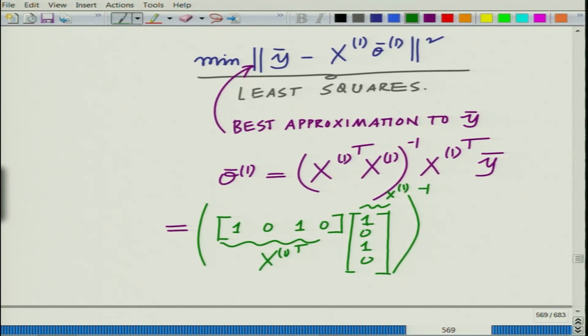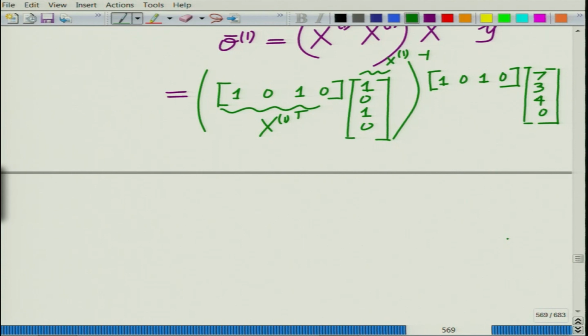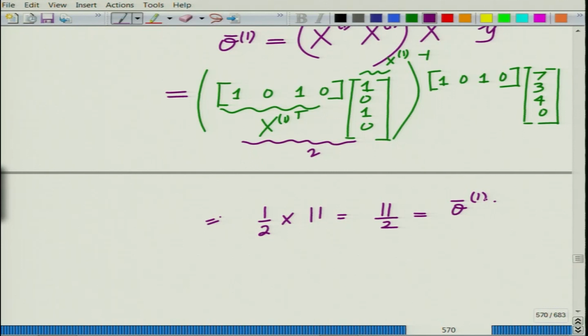So, inverse times x1 transpose, which is 1 0 1 0 times your y bar, which is 7 3 4 0, and the inside of this, that is x1 transpose x1, evaluates to 2. So, the inverse of that is half times 1 0 1 0 times 7 3 4 0. So, that is 7 plus 4, 11. So, this becomes equal to 11 by 2.